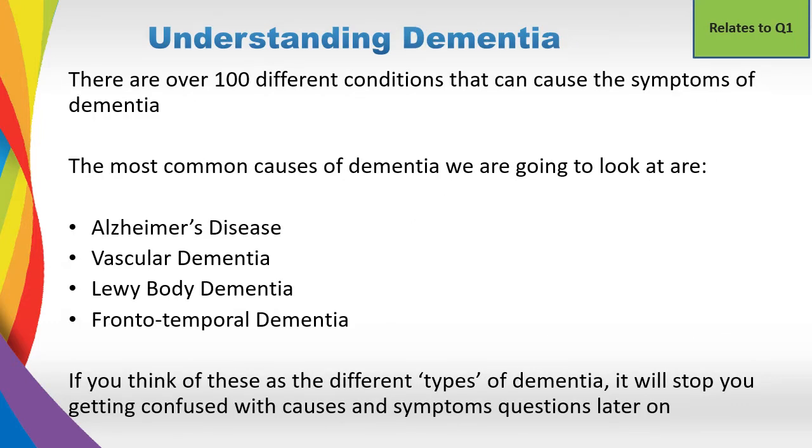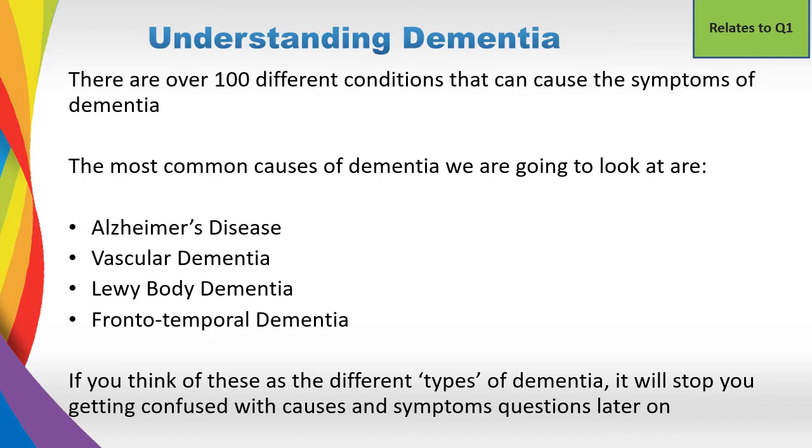So let's have a think about how we can understand what dementia is. With dementia, it is not just one type of condition, okay? Instead, there are over 100 different conditions that can cause the symptoms of dementia.